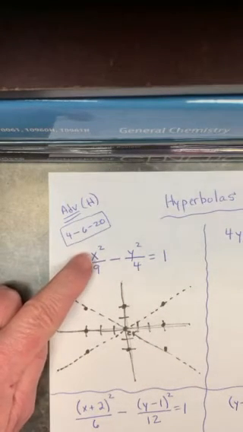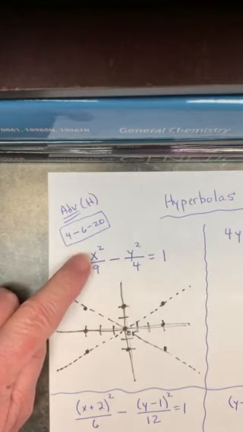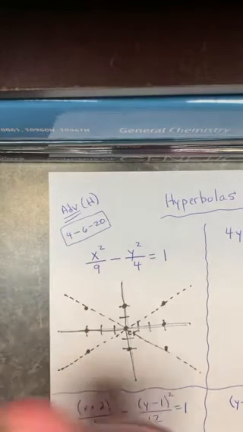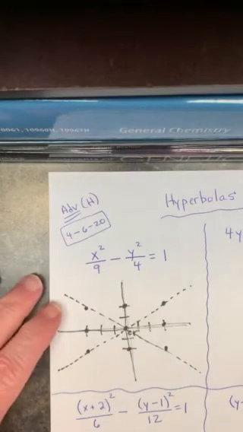So if the x squared is the letter that is written first in your equation, it opens left and right along the x-axis.